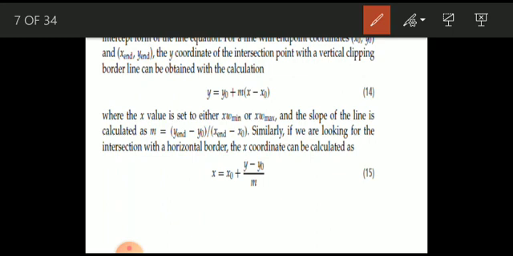Here the y value of the intersection point will be given with an equation y is equal to y naught plus m into x minus x naught, where y naught and x naught are self-explanatory because they are nothing but the end points of the line segment, that is x naught, y naught, and then x end, y end. Where m here is nothing but the slope of the line segment.